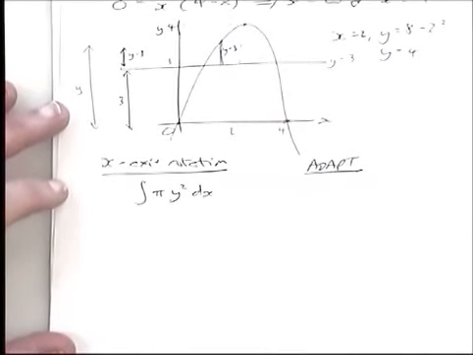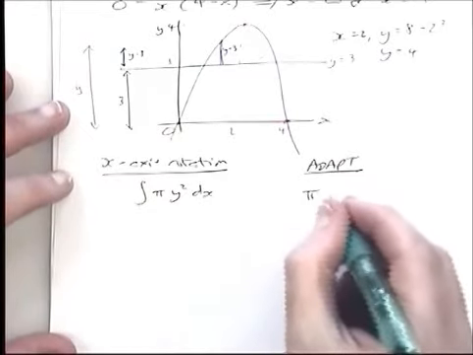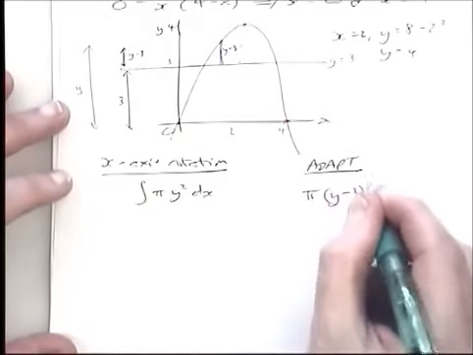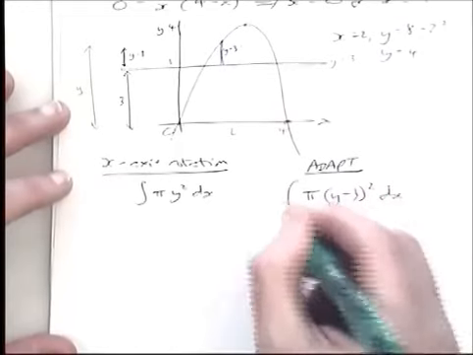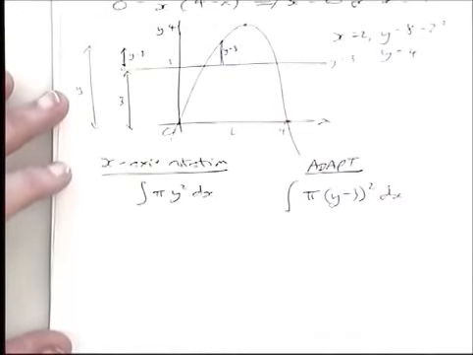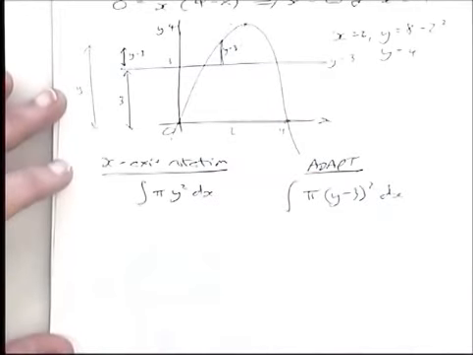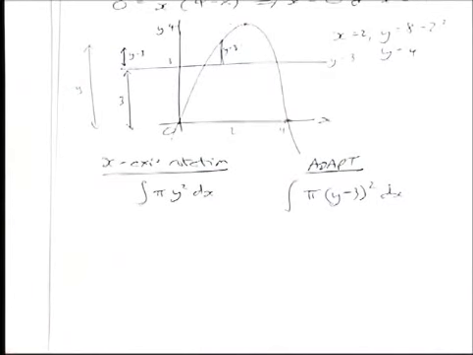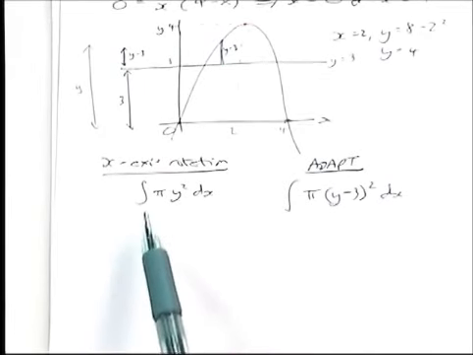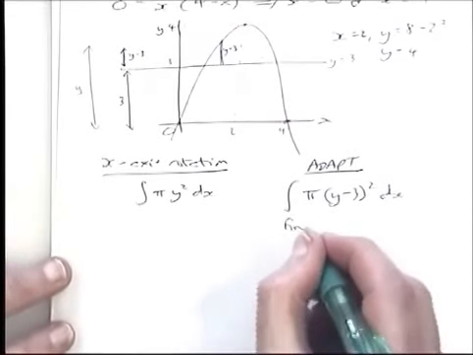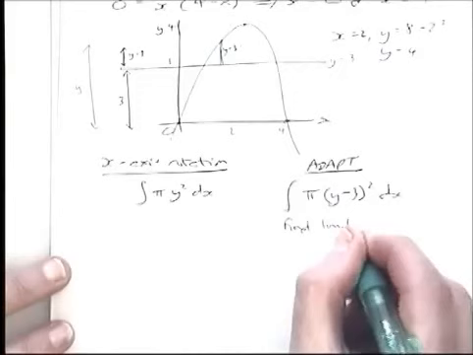What do you think our adaptation will be? Exactly right, yeah. Okay, it will be that, that little thin strip. And now what do I need to put on here? It wasn't actually written down on this one. What is missing on this one over here on the left? It also needs to go on the one on the right. Limits, yeah. So the thing now I have to do is to find the limits.